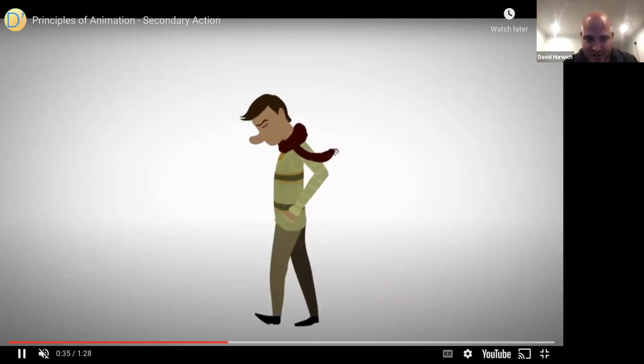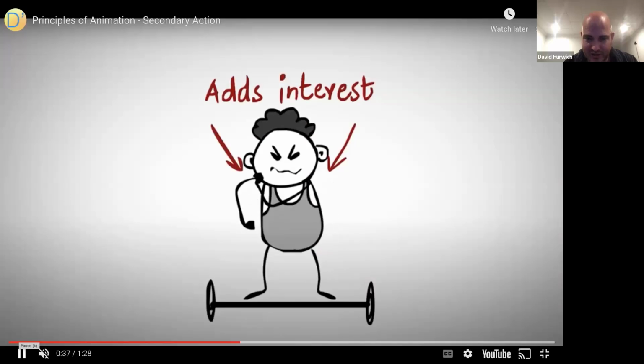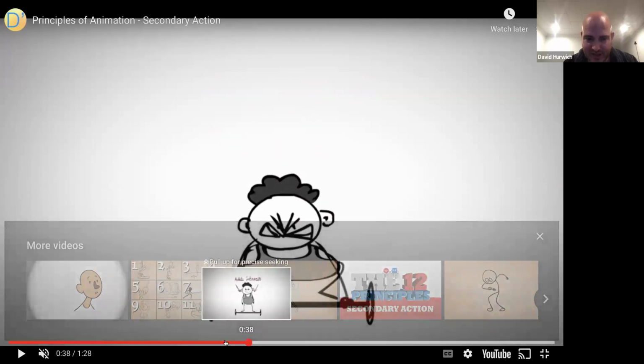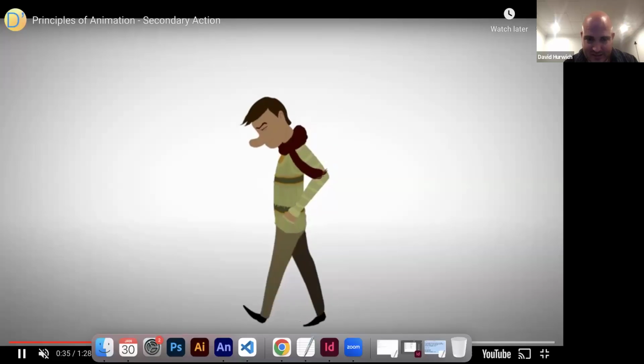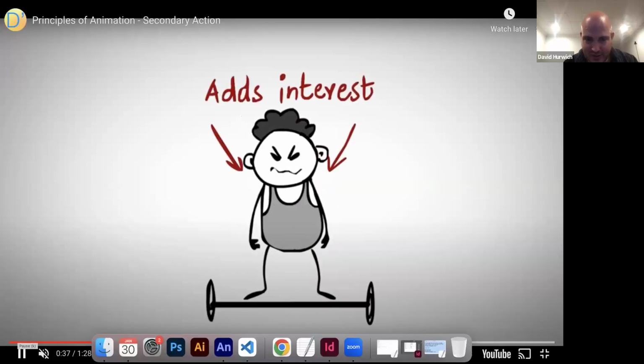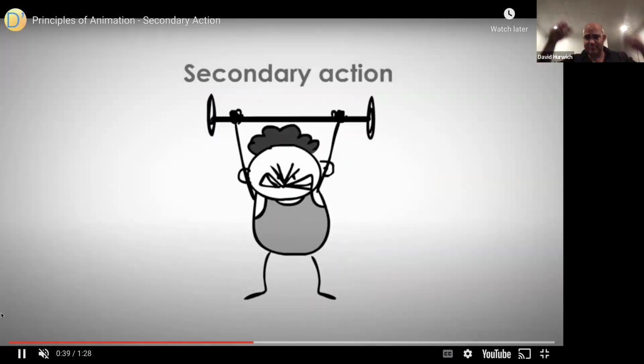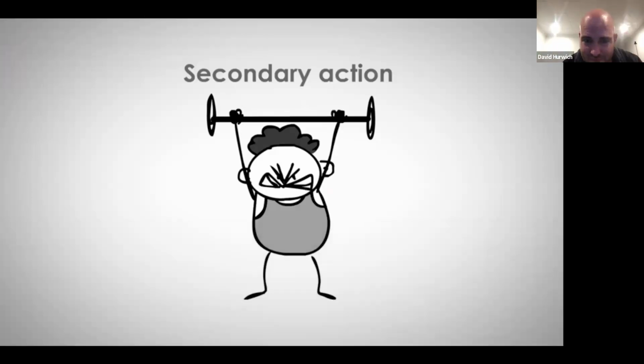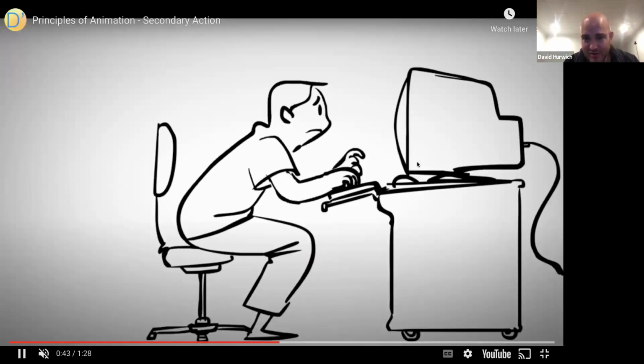So the secondary action here, the main action is this character picking up the dumbbell. The secondary action is him getting his arms ready and doing this. So here the main action is him typing.